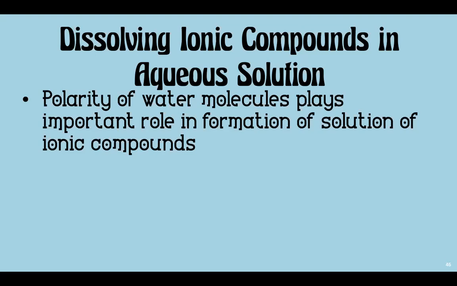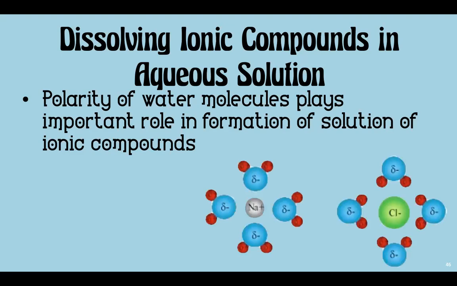Dissolving ionic compounds is probably the easiest, because ionic compounds are made of ions and water is a highly polar substance. The polarity of the water is what is able to separate the two ions from each other.